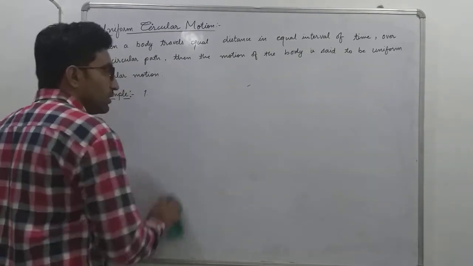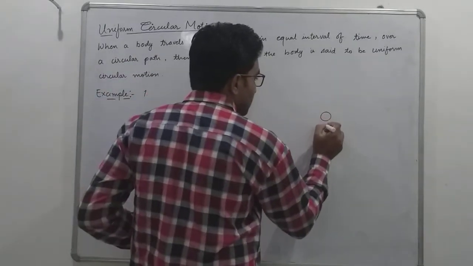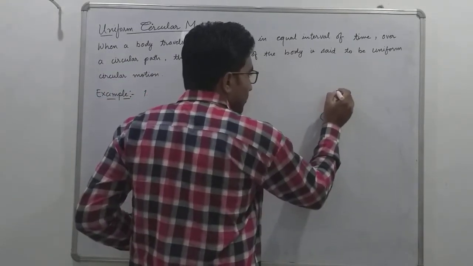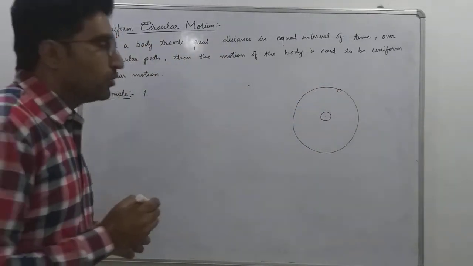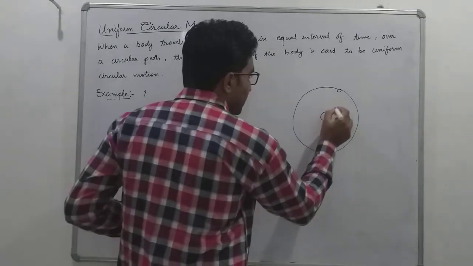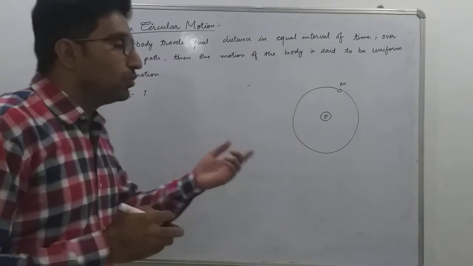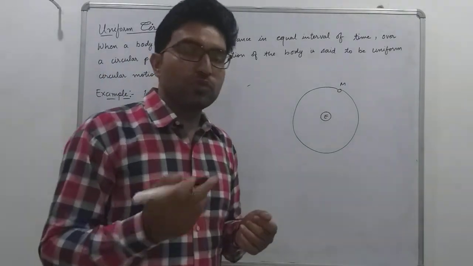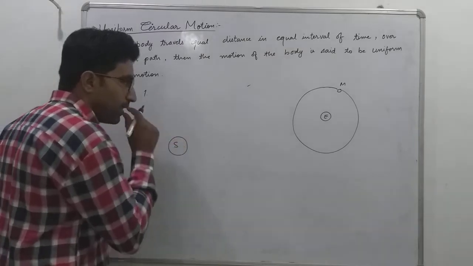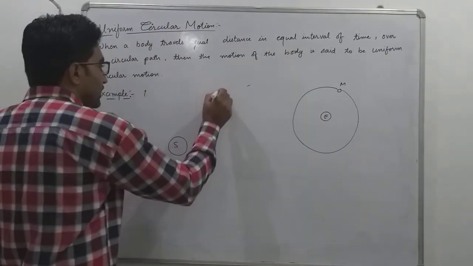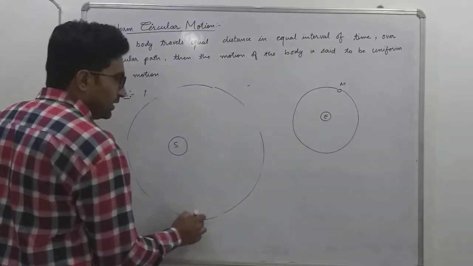Suppose this is our Earth and this is the Moon. The Moon is revolving around the Earth in a uniform circular motion. If we are talking about the motion of the Moon around the Sun, this is our Sun and the Earth is revolving around the Sun in an elliptical orbit.